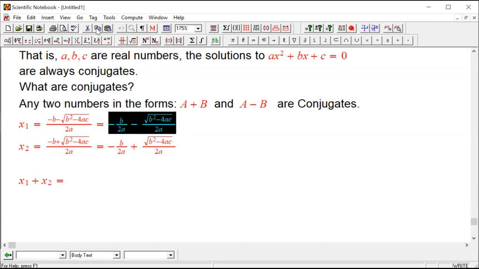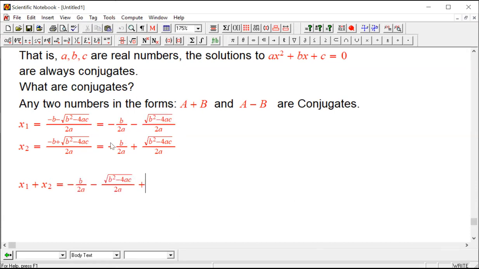We're adding this number with this other number. When we add these two, these two will be doubled, and these two are opposite, so they will make 0. So we'll have 2 times negative b over 2a.